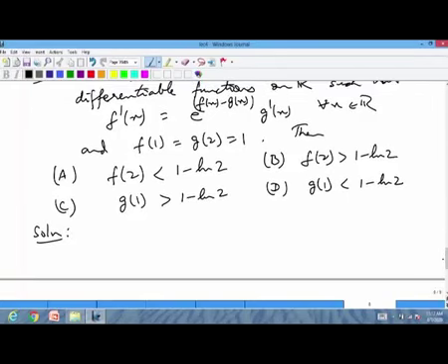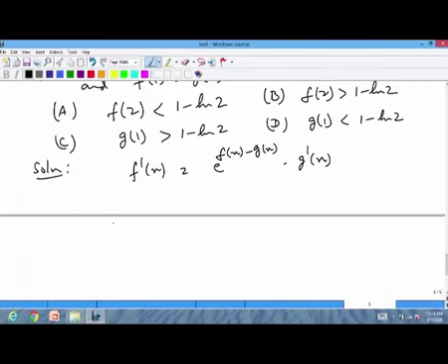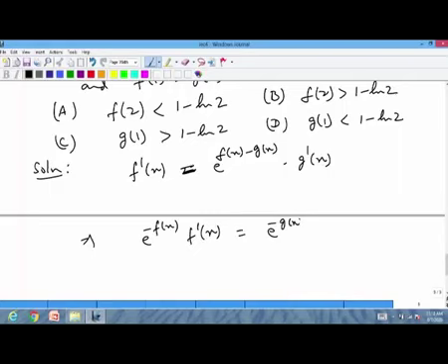So, we are given f prime x is equal to e to the power f x minus g x times g prime x. So, this implies e to the minus f x times f prime x is equal to e to the minus g x times g prime x.